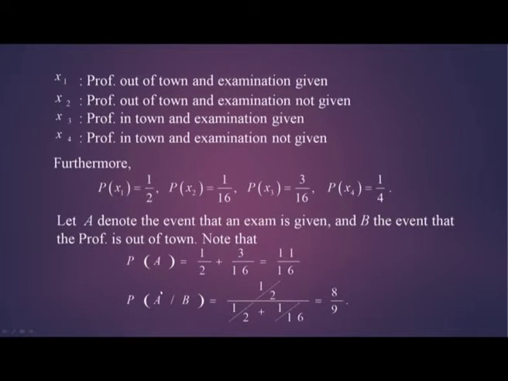Now, next we are finding the conditional probability of A given B. So, that is probability of A intersection B divided by probability of B. Now, what is probability of B?